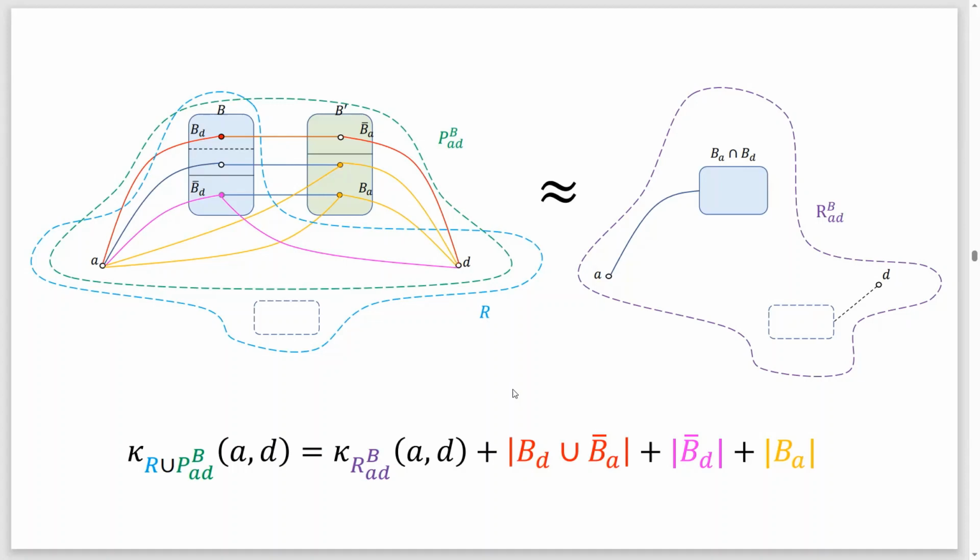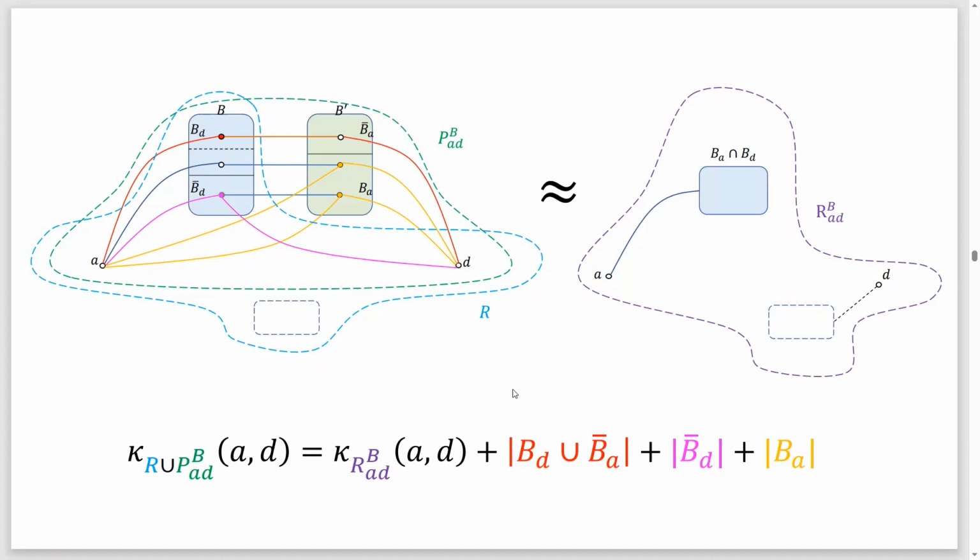So if we compare the remaining parts in R with the red and pink nodes cut, we will see that it is just the set RBAD. So actually, with a cut in RBAD, we can give a total cut in the whole graph R cup PBAD. Then we know that from a cut view, this inequality is also true.